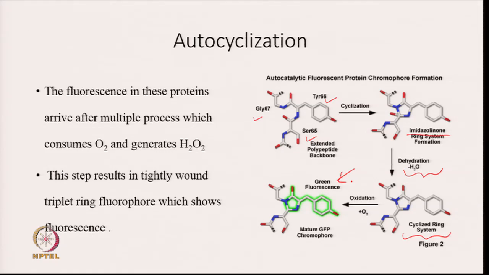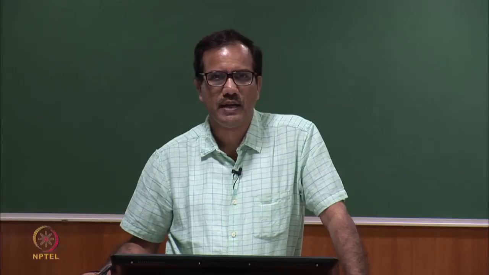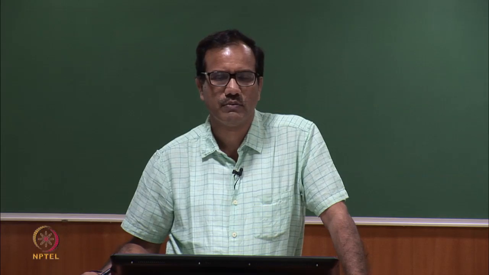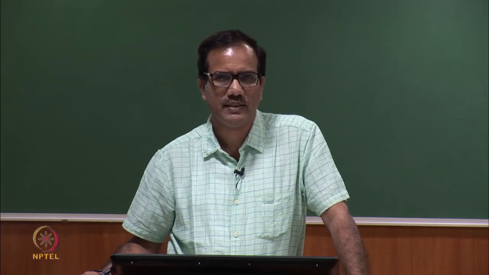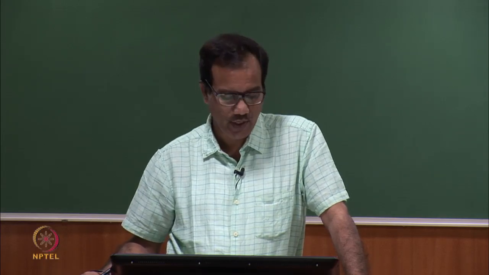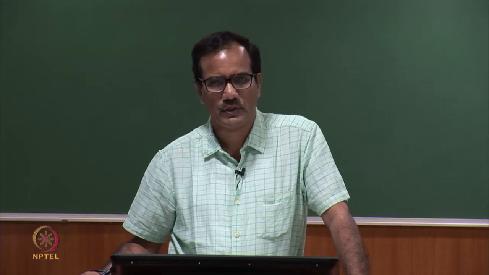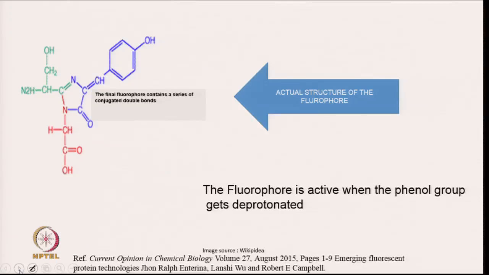The fluorescence in GFP arises after multiple processes which consume oxygen and generate H2O2, and this results in a tightly wound triplet ring fluorophore which shows fluorescence. And this is the final structure of your cyclized fluorophore.